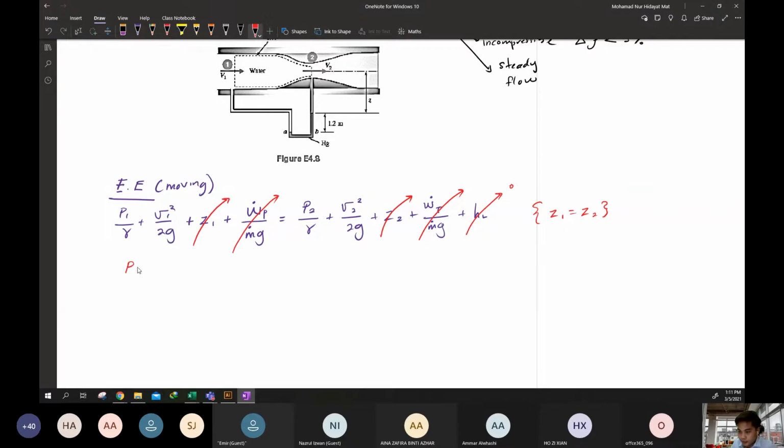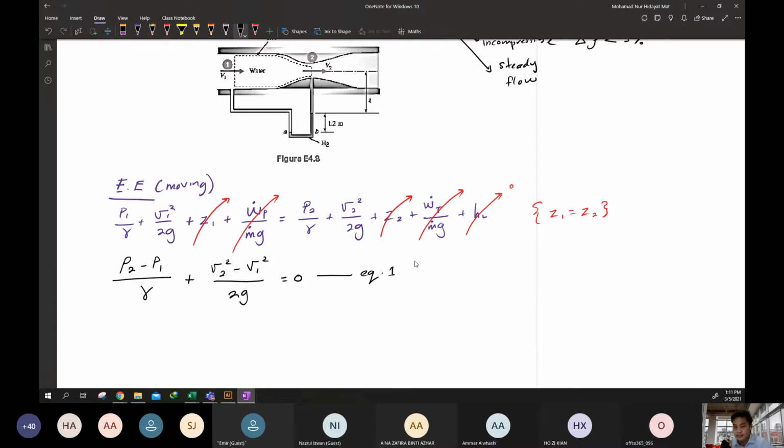Let's rearrange: I want to transfer the left side to the right side. So (P2 minus P1) over gamma plus (V2 squared minus V1 squared) over 2g equals 0. This is equation number 1.